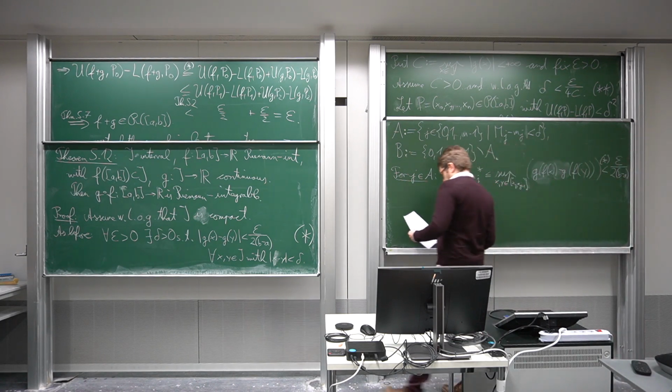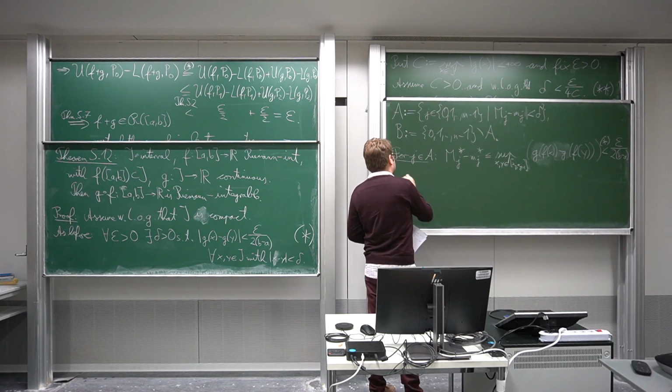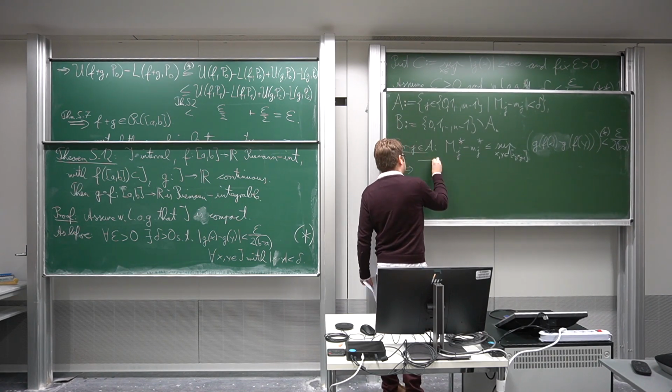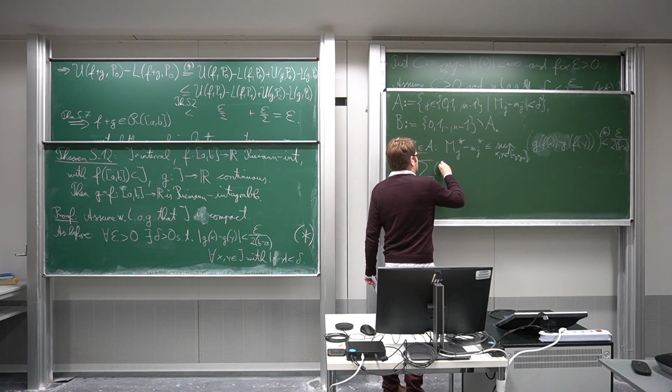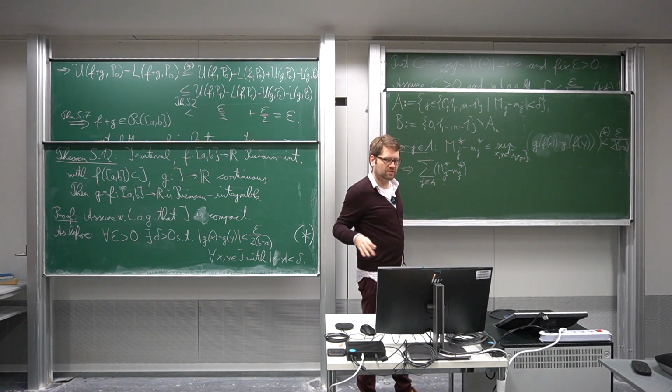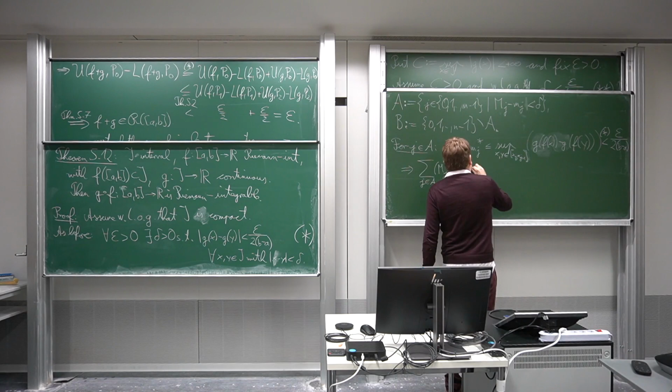Which means, if we now take the components of the difference of lower and upper sum which belong to A, so the sum over all j in A of capital Mj star minus small mj star, I will write down the relation to the lower and upper sums later more precisely, times xj plus 1 minus xj.